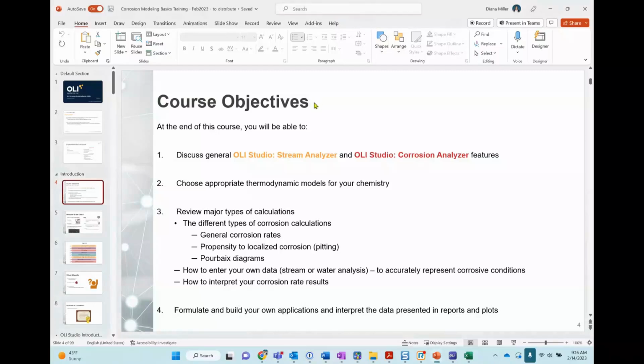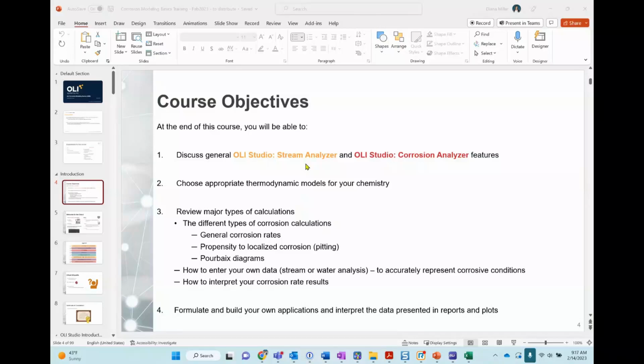So, the course objectives. Whenever we are working with the Corrosion Analyzer, think of it more like an add-on for the Stream Analyzer. The Stream Analyzer is the umbrella or main interface that you will see when interacting with OLI Studio.